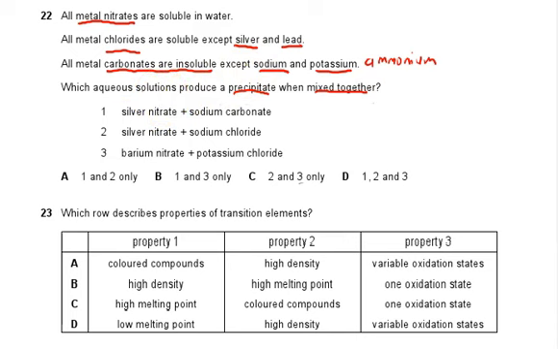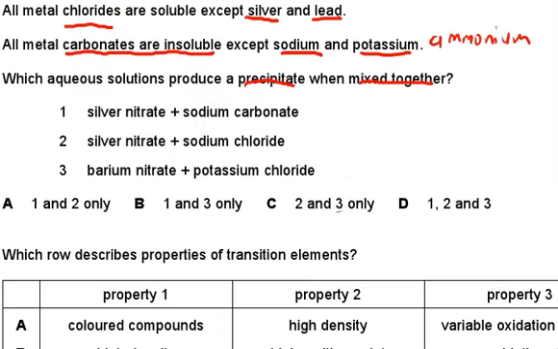Which aqueous solutions produce a precipitate when mixed together? If you look at here, silver will be combined with carbonate. So you will have silver carbonate plus sodium nitrate. It will produce a precipitate.